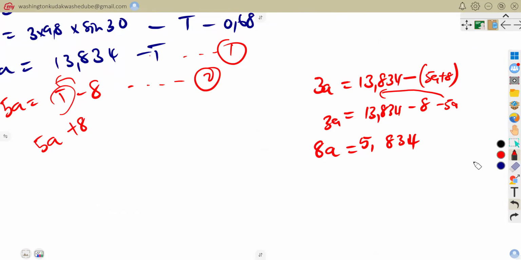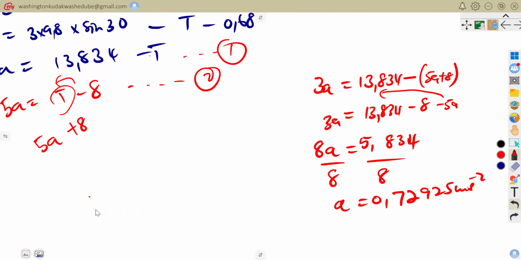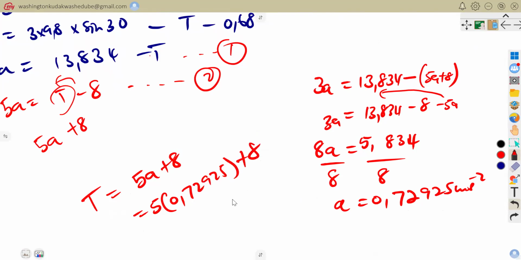After 5.834, I can divide by 8, and I will find my acceleration. That would certainly be equal to 0.72925 meters per square second. So to find my tension, I already said tension is equal to 5a plus 8. That would be 5 times 0.72925 plus 8.